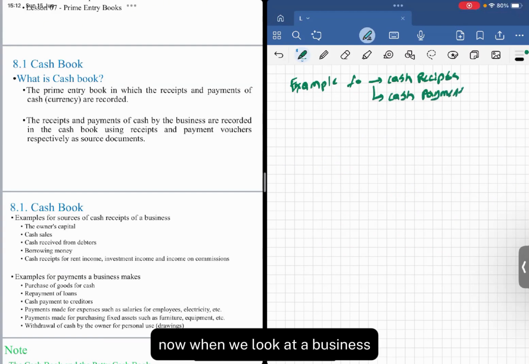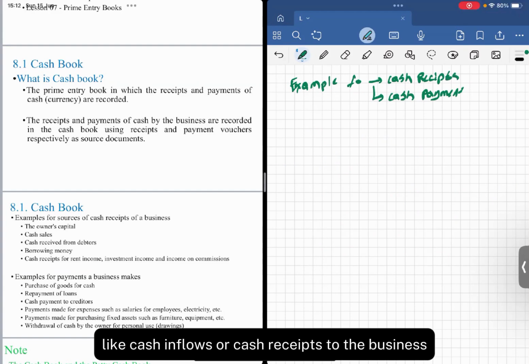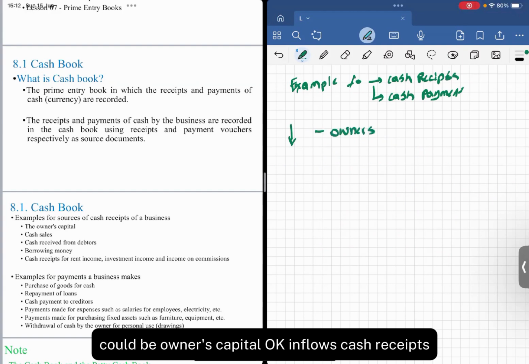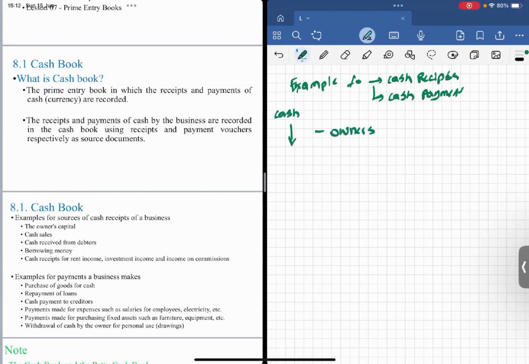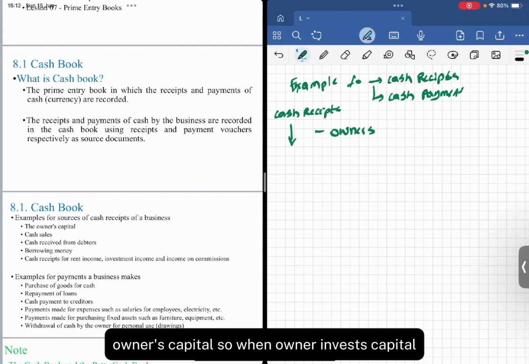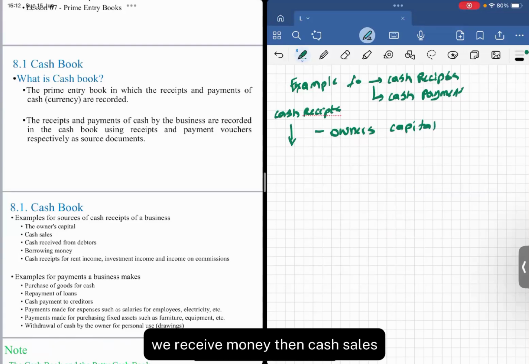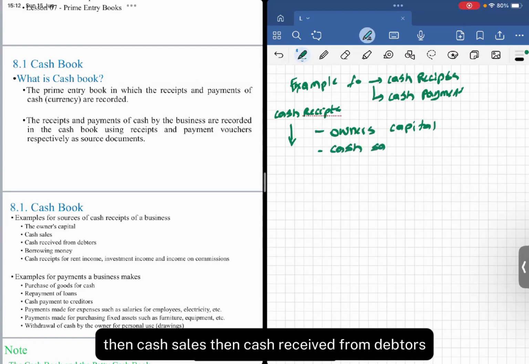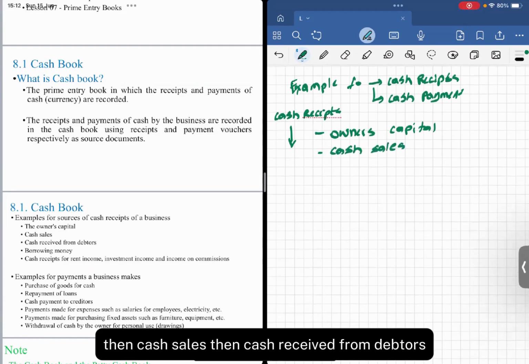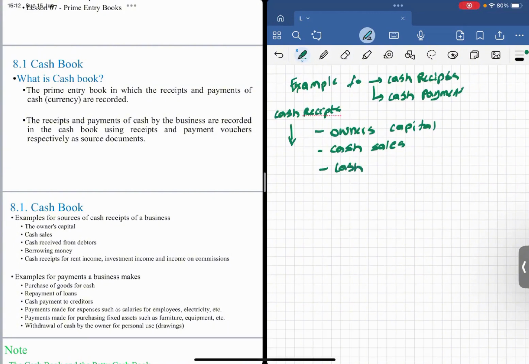When we look at a business, cash inflows or cash receipts to the business could be owner's capital. When the owner invests capital, we receive money. Then cash sales, then cash received from debtors.